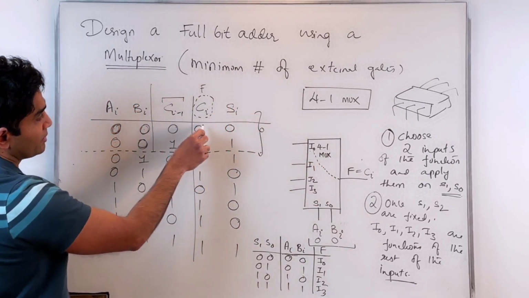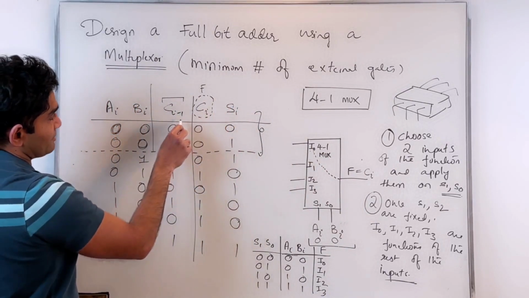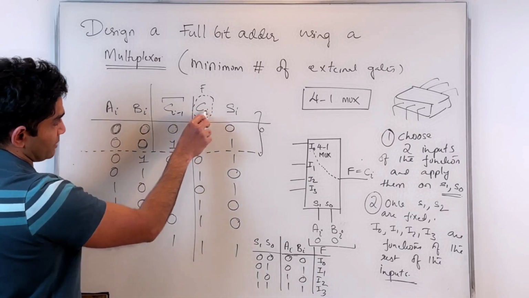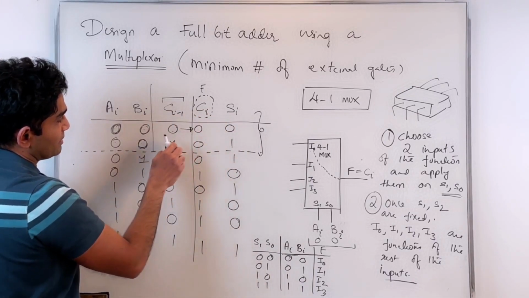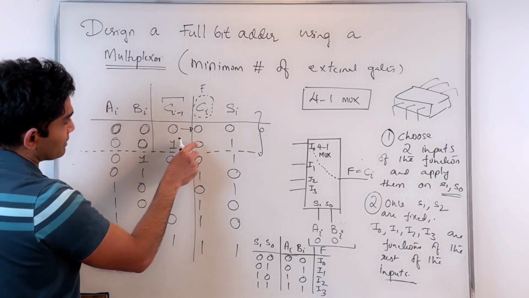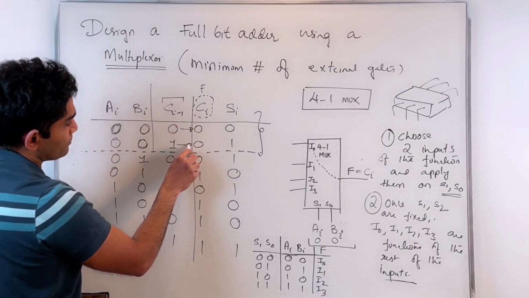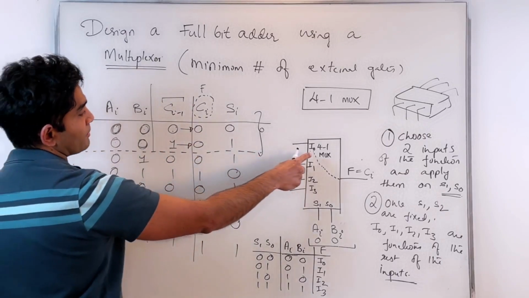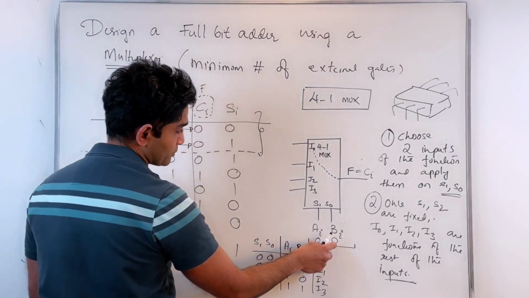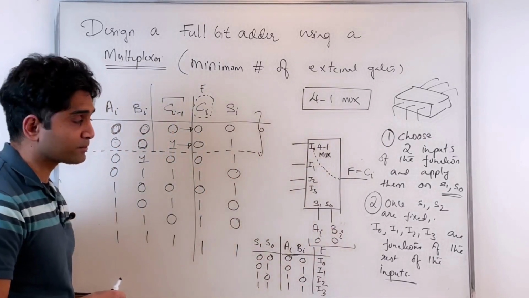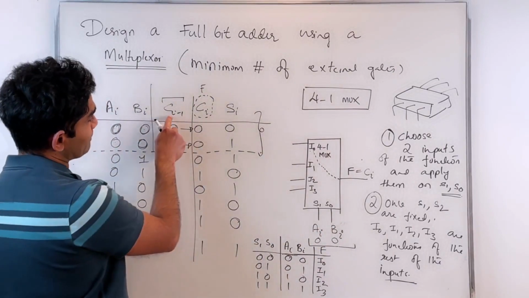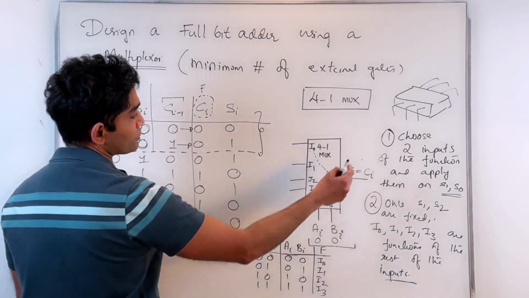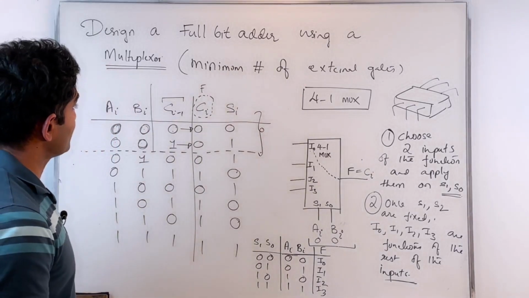As you can see here, Ci minus 1 is 0, Ci is 0, they correlate. Ci minus 1 is 1, Ci is still 0. That means when I apply 0, 0 on my selector inputs, independent of Ci minus 1, my function is equal to Ci, right?